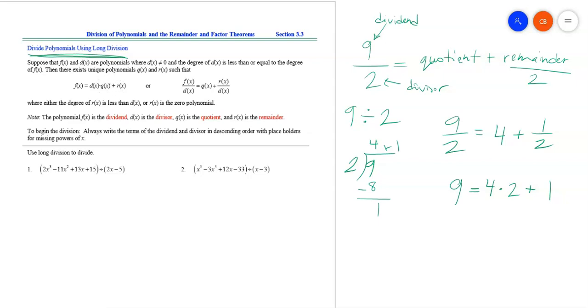If we are wanting to divide f of x by d of x, really what we're looking for is how f of x could be written in this same way that we did with 9. It needs to be some multiple of the divisor, which here we had a multiple of 2 since the divisor was 2, it was 4 times 2. And so the divisor times the quotient, except these will both be polynomials.